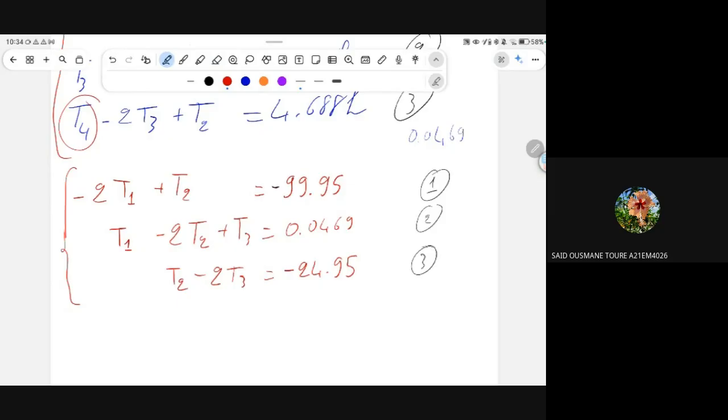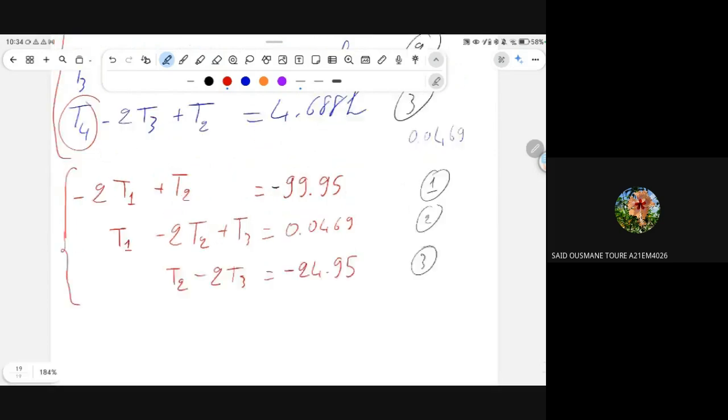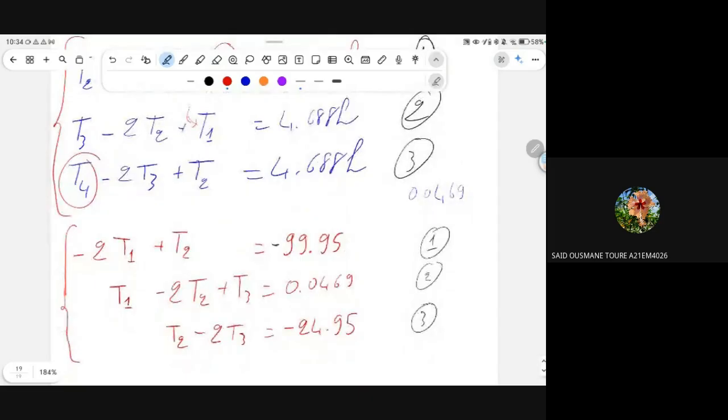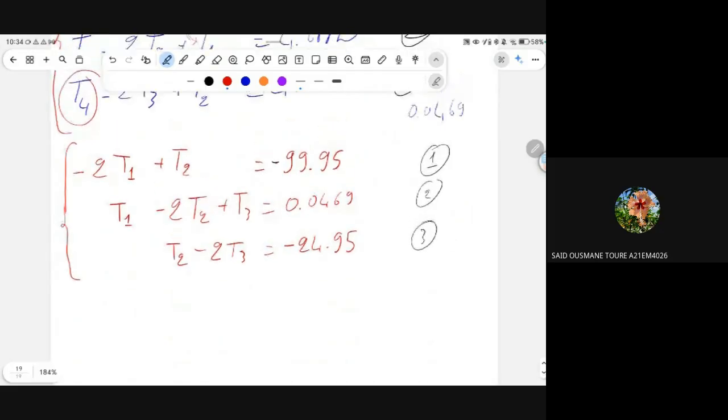Now can we transform it into a matrix? What makes you think that we can? Do we have enough equations? What did we do to be able to transform it into a matrix here? We transformed it first into simultaneous equations.